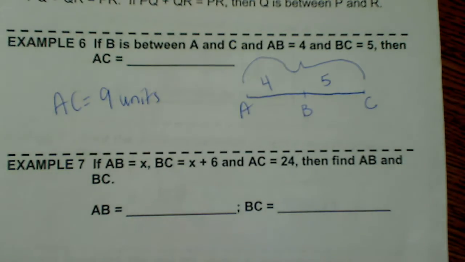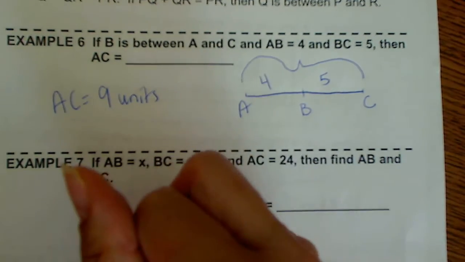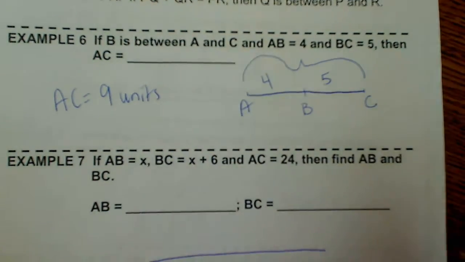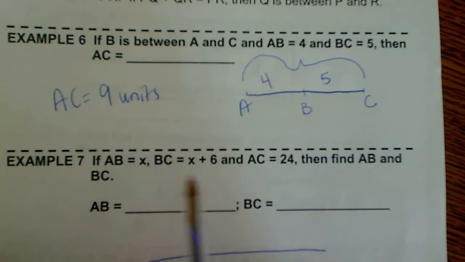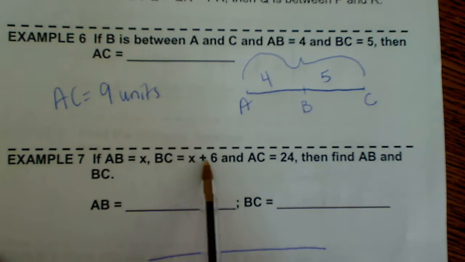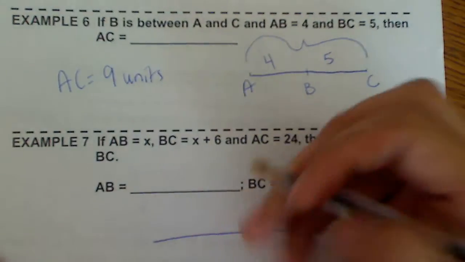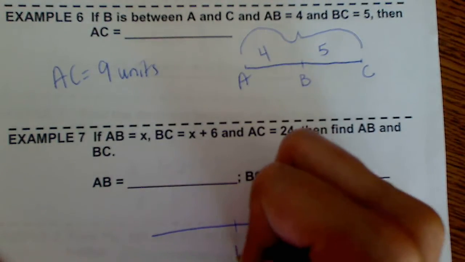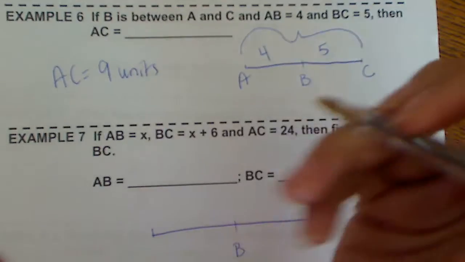Okay, so we're going to get into some expressions. All right, example 7. We're going to draw this out. It says that if AB is x and BC is x plus 6, they should have told you that B is in the middle. But they didn't, but that's okay.